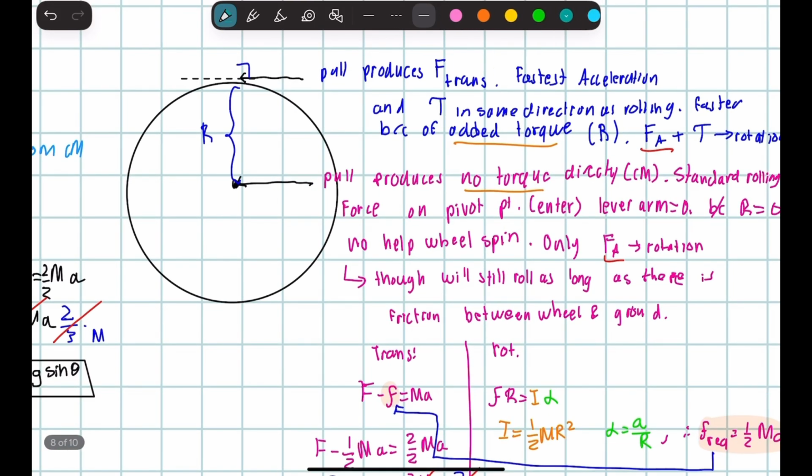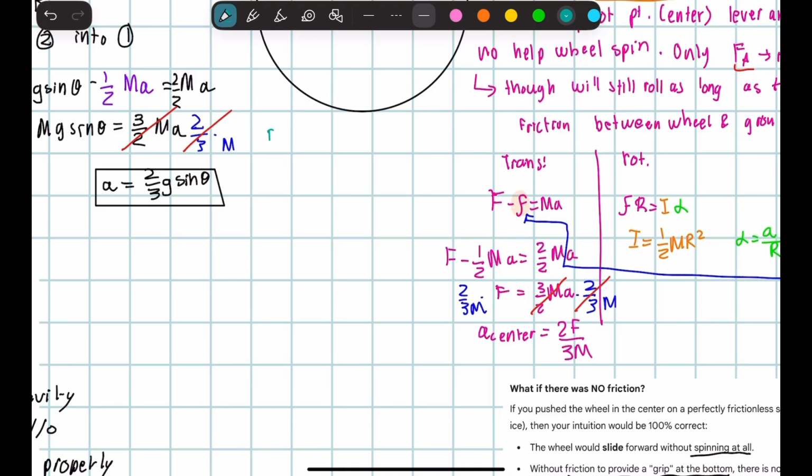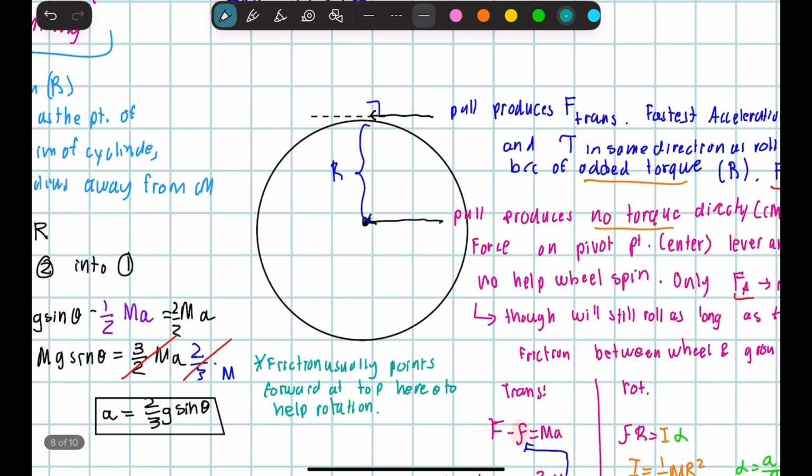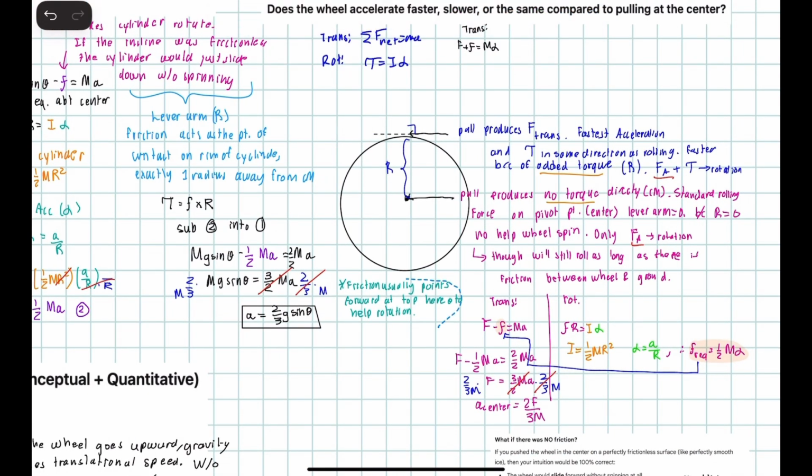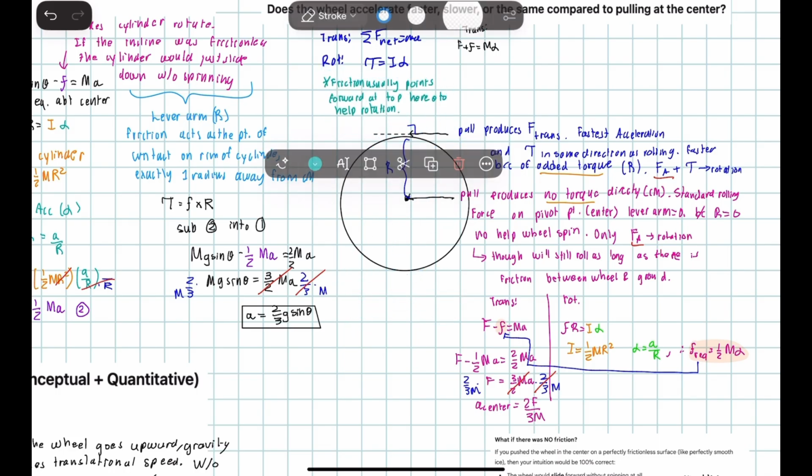Here's an important note that we should write down: friction usually points forward at the top here to help rotation.